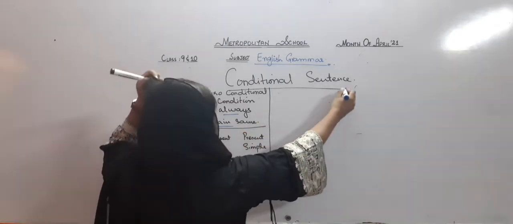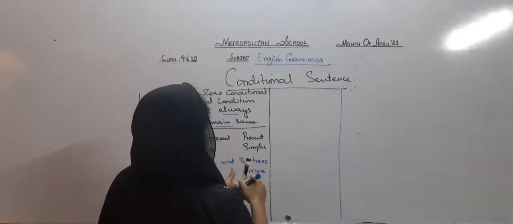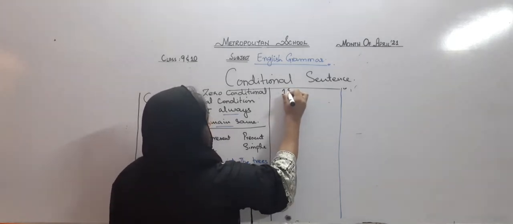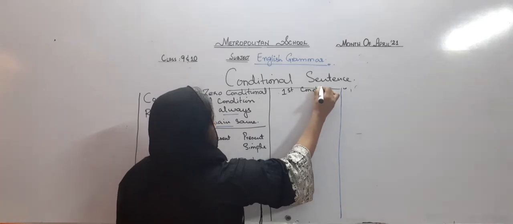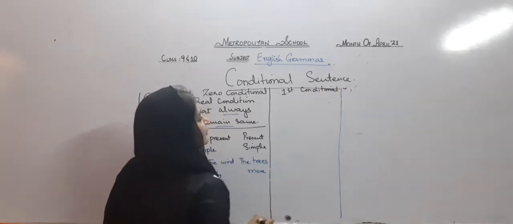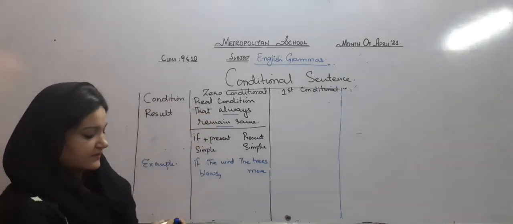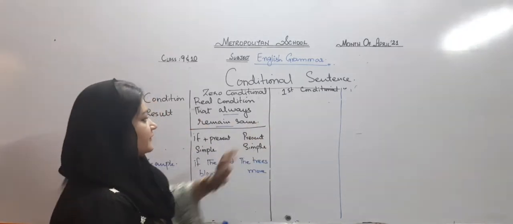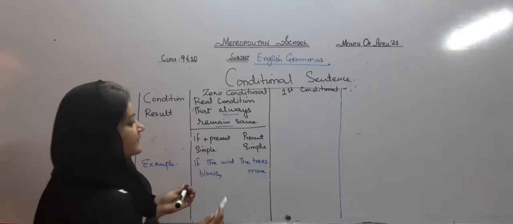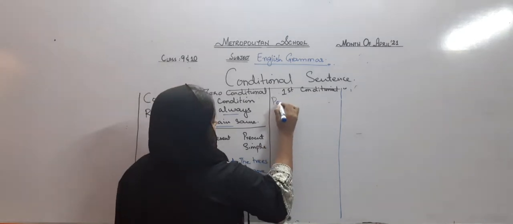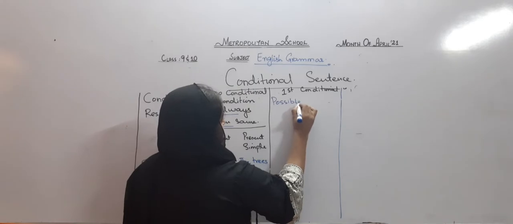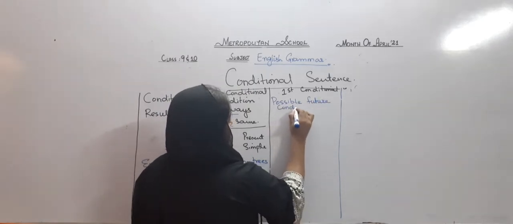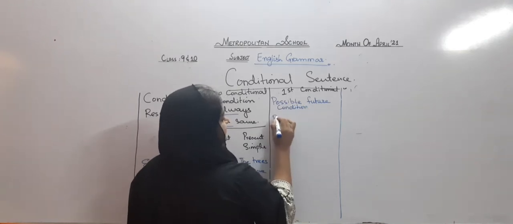Now move towards the second one. The second one is first conditional. If we talk about first conditional sentences, what will be the condition and result? First conditional: possible future condition and possible future result.